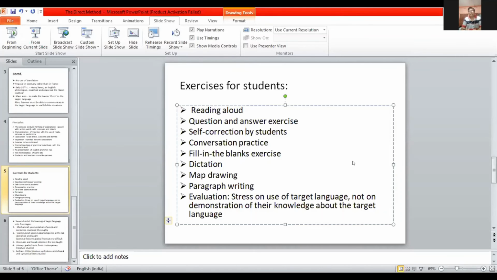Thanks. That was a nice presentation. Sir, when I was pursuing B.Ed, I had a talk with one of my teachers regarding the direct method, and I tried to outline the problems that teaching through the direct method can have.